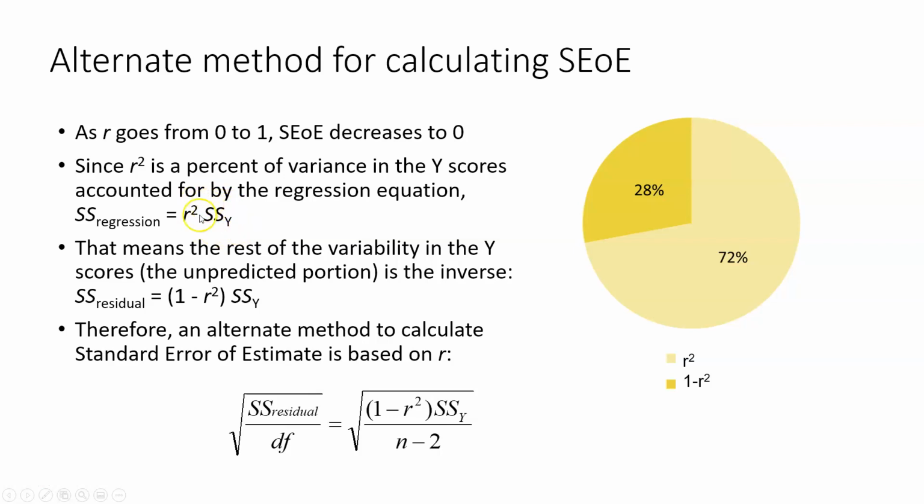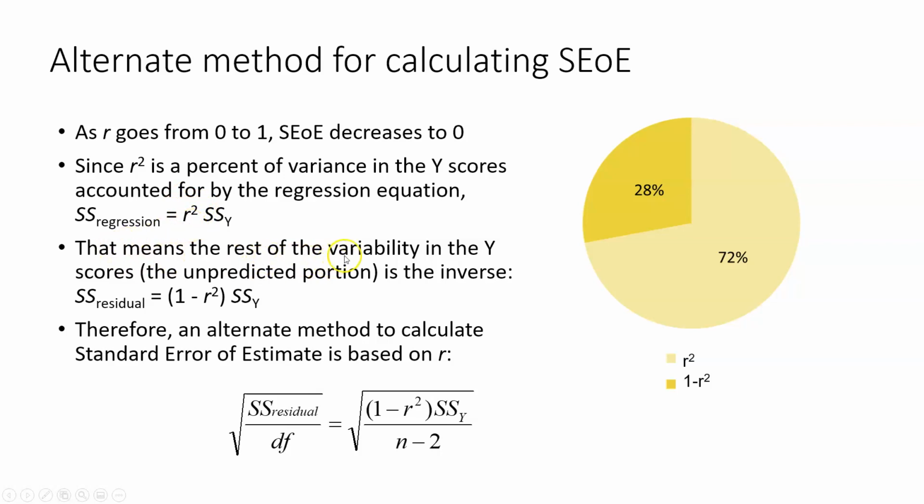So the variability in that variable. When we say SS regression, what we're saying is how much of the variability we've accounted for is the total amount of variability times a percentage of variability accounted for in our model.